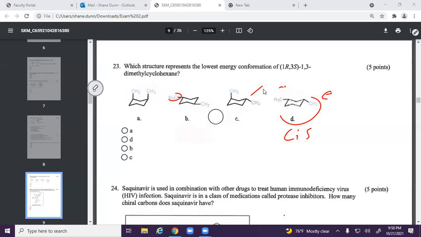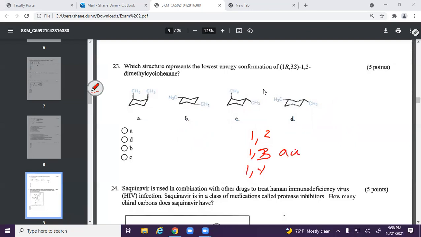Can you explain the cis and trans with highest energy and lowest energy one more time? I can. 1,2, 1,3, 1,4. Having the same thing here and opposites here makes this cis, and having opposites for evens makes it trans.